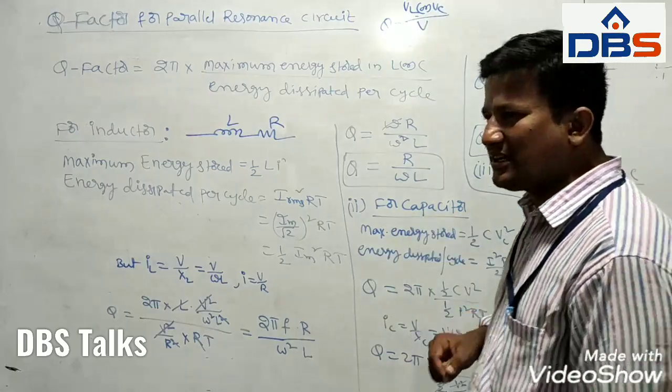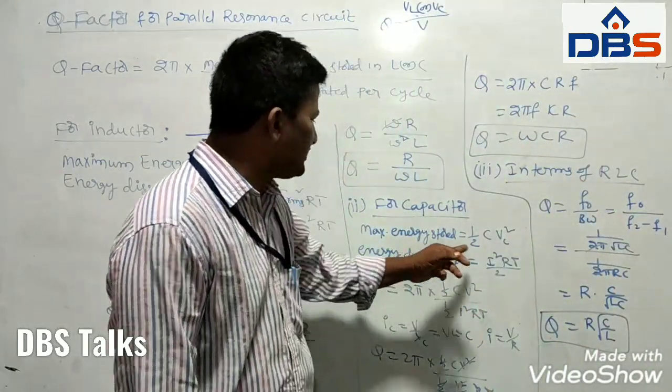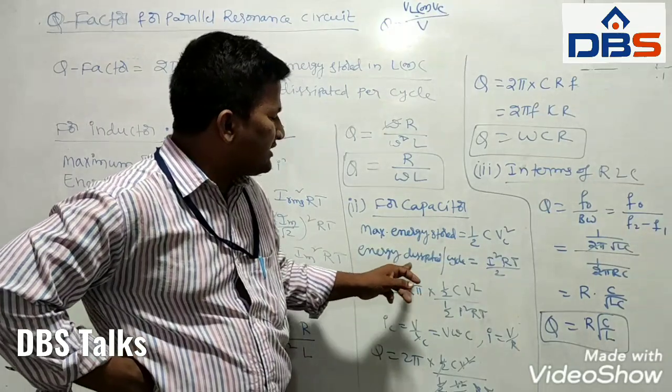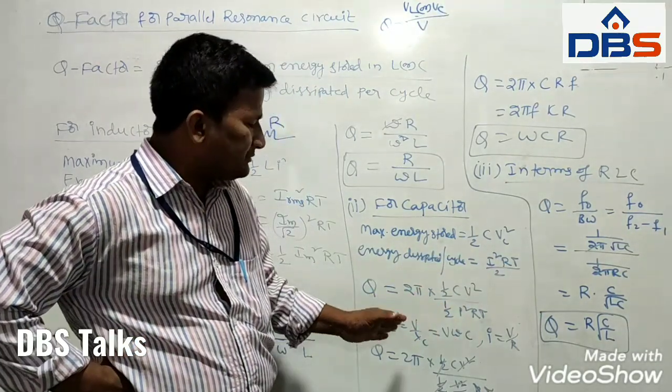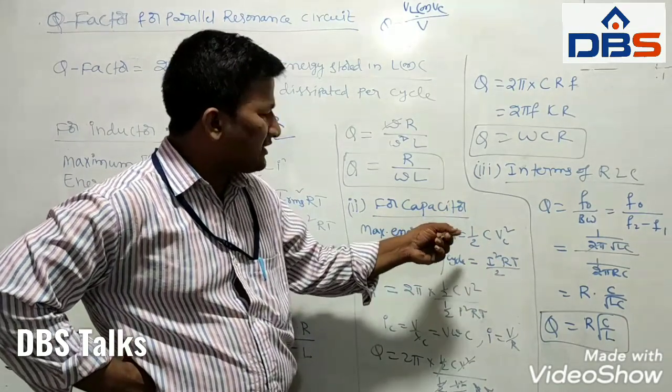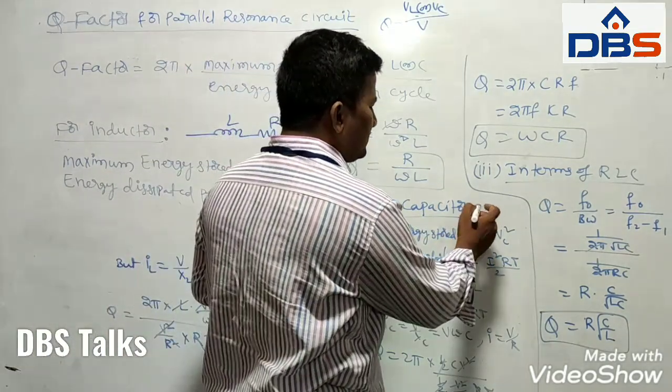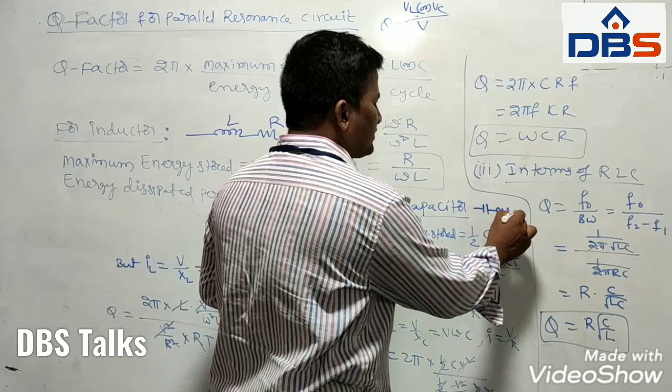Now let us go for the capacitor. The maximum energy stored in the capacitor is half C V square, and the energy dissipated per cycle in the resistor is half I square R T. Here, this is also a practical capacitor, which is nothing but a capacitor in series with a resistor.